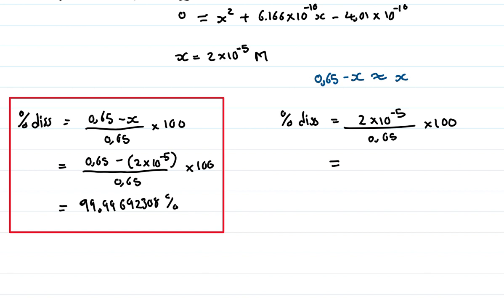You should get 0.0031%, which is most likely to be true, because weak acids do not dissociate completely. And this will be your final answer.